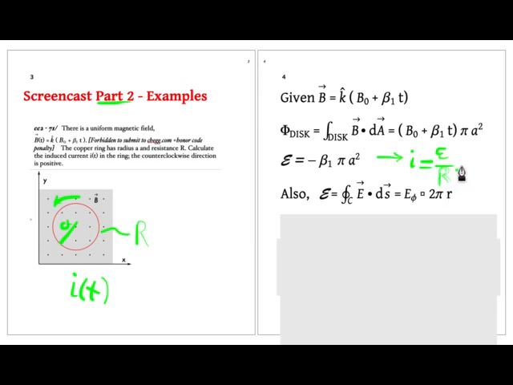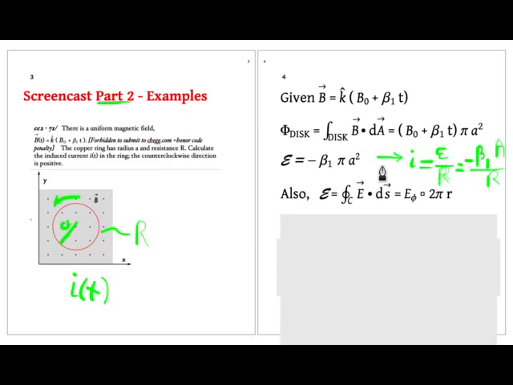Now that will be negative β1 times the area, π a squared, divided by the resistance. Negative meaning that it's in the opposite direction from the right-hand rule. So the right-hand rule would correspond to a counterclockwise current. The current will be clockwise. All right, so that would solve the problem.